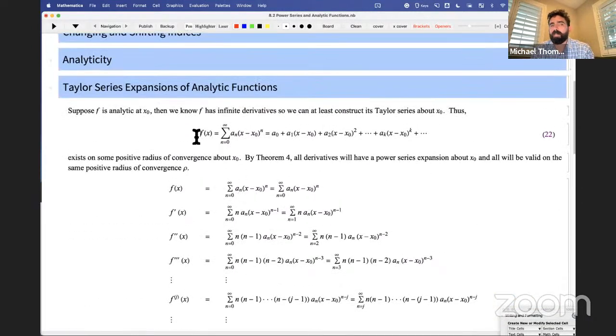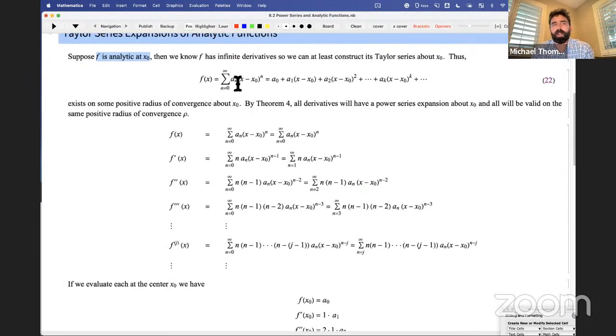The way these are derived is quite easy. You just use a little calculus. Let's say a function f is analytic at the point x naught. If it's analytic, it means it has an infinite number of derivatives. That's one of the consequences of being analytic. Since it's analytic, we know it has a Taylor series.